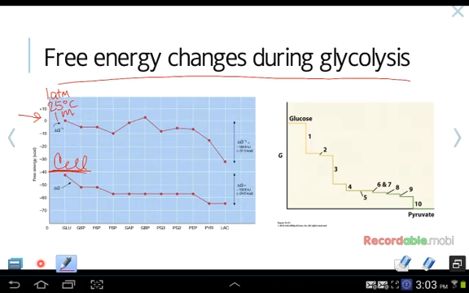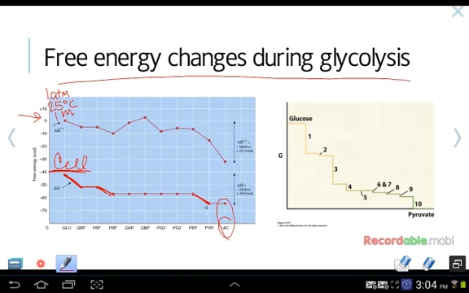Here's step 1, where we go from glucose to glucose 6-phosphate. Then we have step 2. Then we have step 3, which is another very large negative delta G. This is where we do the second phosphorylation step. Then we have a bunch of steps that are near 0 or near equilibrium. And now we have step 10, I think, because this is lactate here.